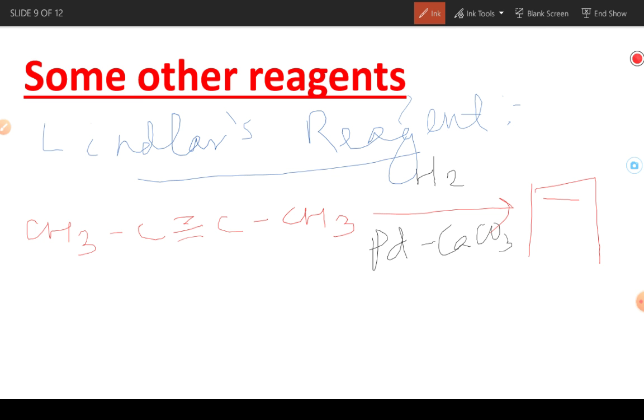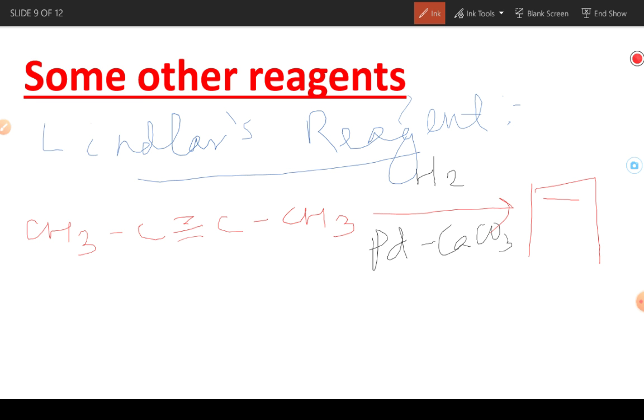For converting alkyne into cis alkene, you can use a reagent like Lindlar's reagent, that is H2 in presence of Pd CaCO3. But you must have a question, how to convert this cis into trans.